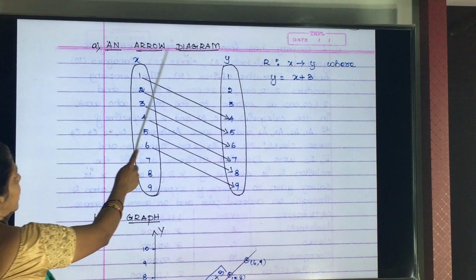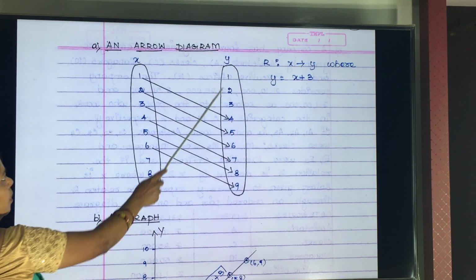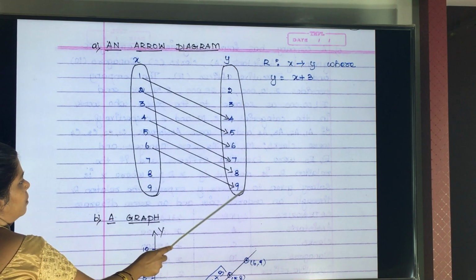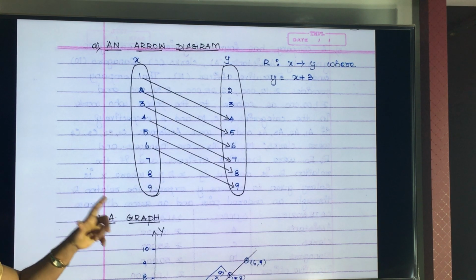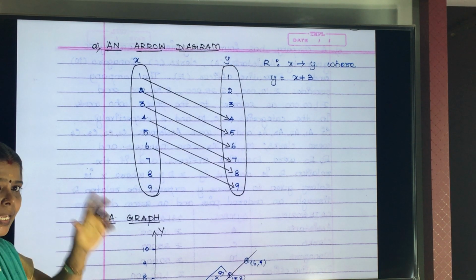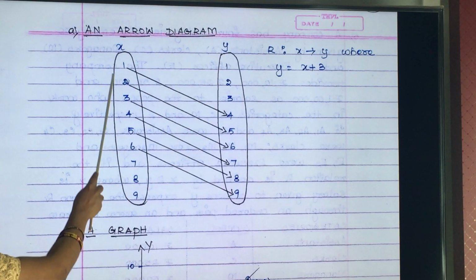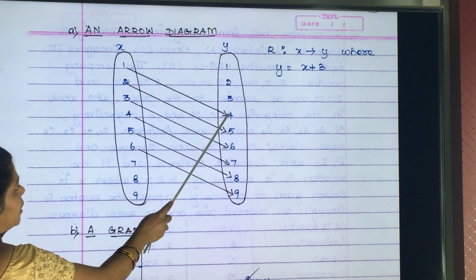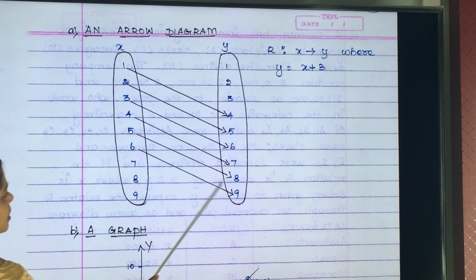In the arrow diagram, see x value starts from 1 and goes up to 9. Y also from 1 to 9 I am writing. In the previous page we have written the relation. So, taking that as a key, as a hint, you will have to do the mapping here. 1 related to 4, 2 to 5, 3 to 6, 4 to 7, 5 to 8, 6 to 9. That's all. This is the arrow diagram.